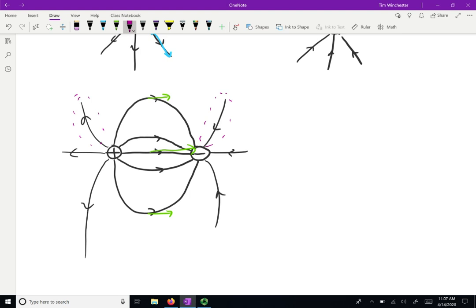So some of the benefits of drawing electric field lines rather than electric field vectors is that it's really fast, as you can see. It didn't take us nearly as long to do. And also, in some ways, this gives us a much cleaner picture.